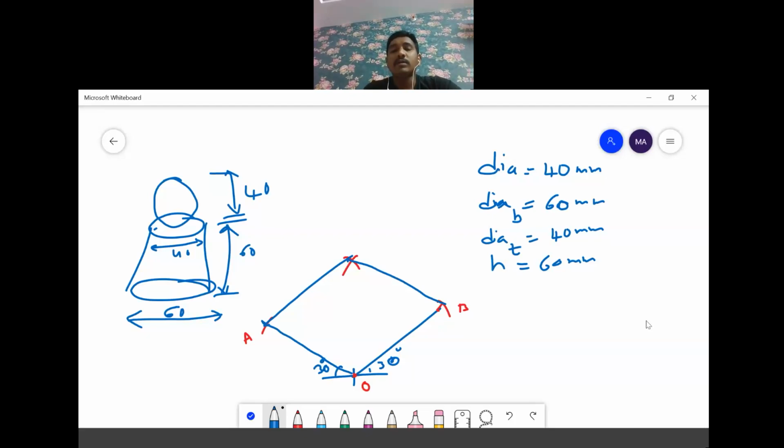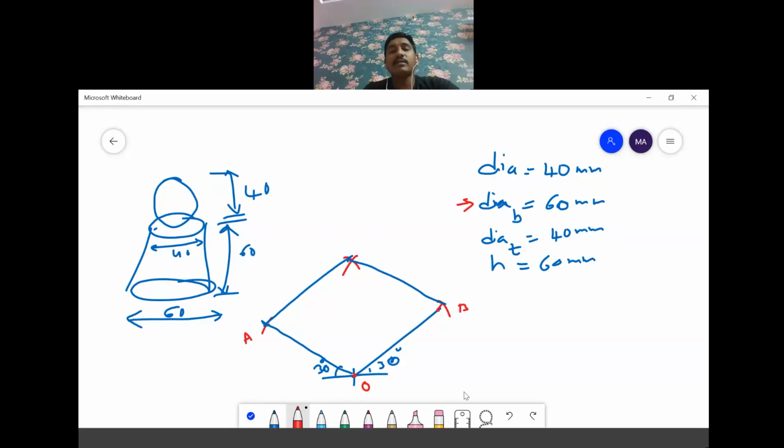I have taken one point O, drawn 30 degrees inclination to the right and left sides, and on that inclination taken 60 mm, because he has given that the base diameter is 60 mm.